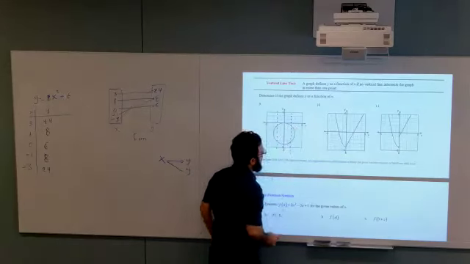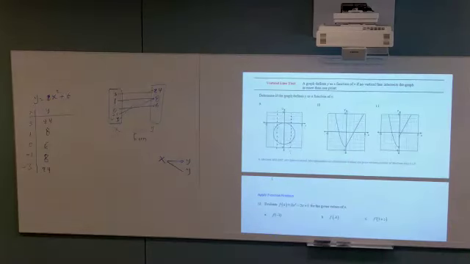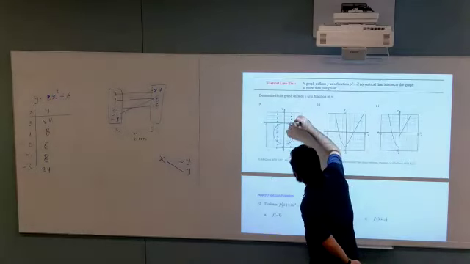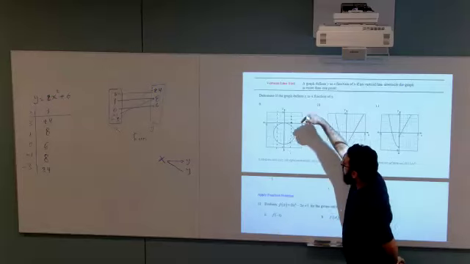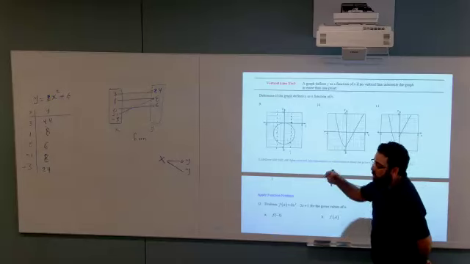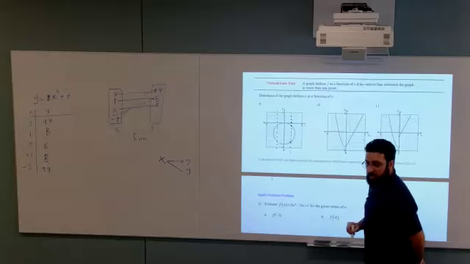The x at this point intersects the vertical line you graph. The x at this point intersects with the graph at how many points? Two points, right? This one, this one. Is that okay?